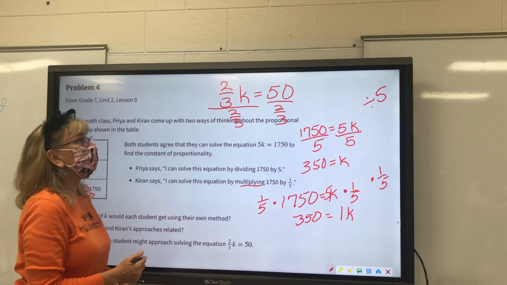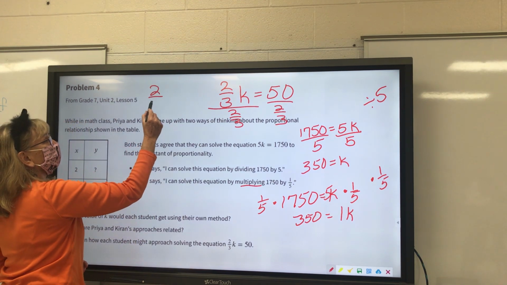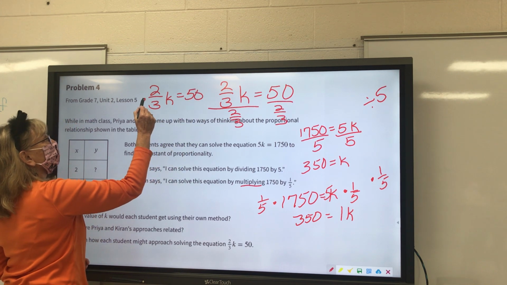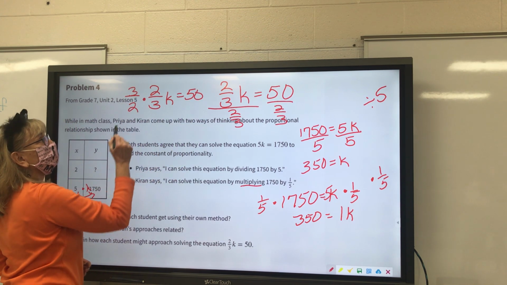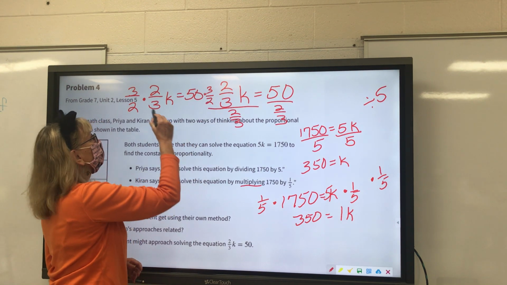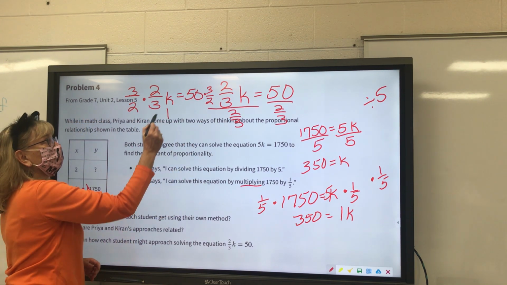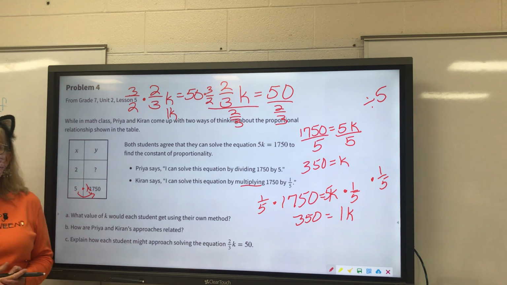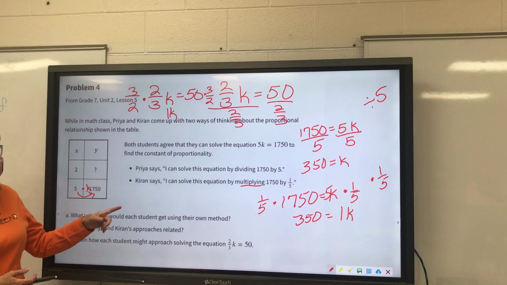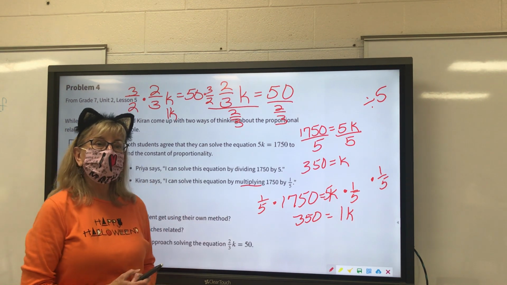What is Kieran going to do? He's going to multiply both sides by the reciprocal. When you multiply by the reciprocal, that goes to 1k. Okay? So k equals what? 350.